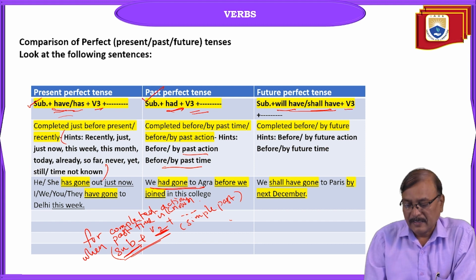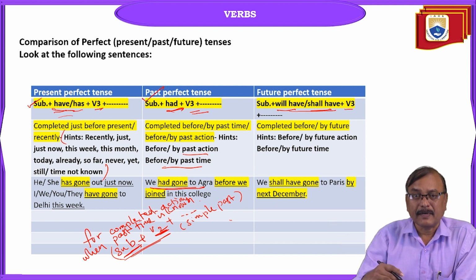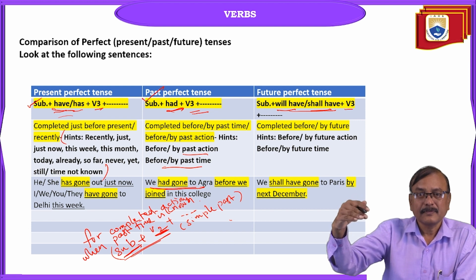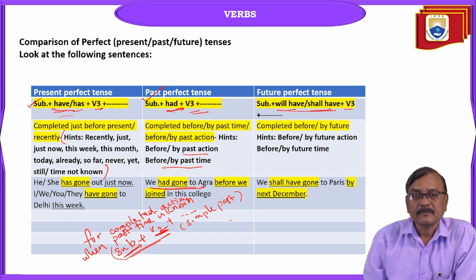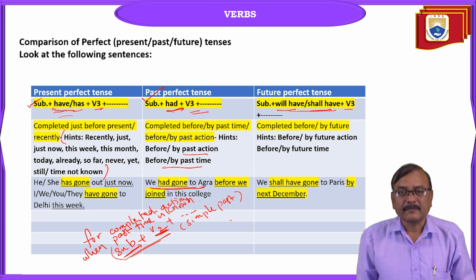Example: we shall have gone to Paris by next December. By next December means by certain time in future, that should have been completed.